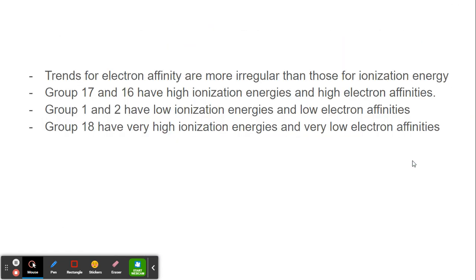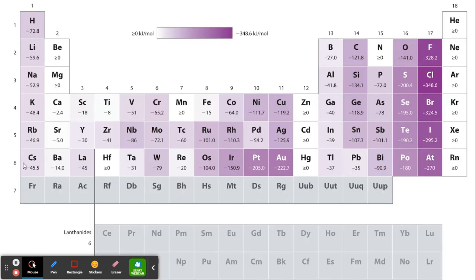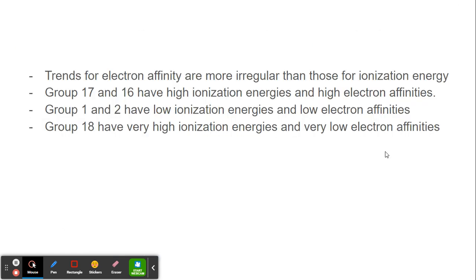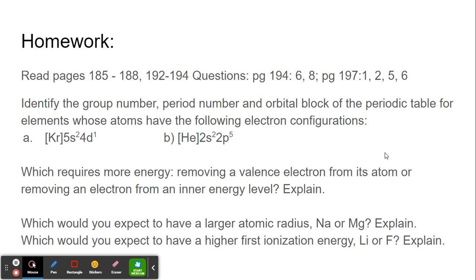Groups 1 and 2, so that's the alkali metals and the alkaline earth metals. They have pretty low ionization energies and low electron affinities as well. And then lastly, group 18, the noble gases, has the highest ionization energy and very low electron affinity. And that makes sense because they have full shells.